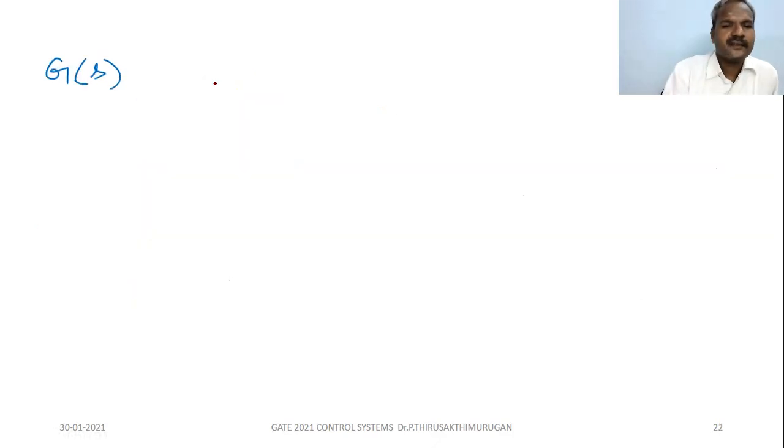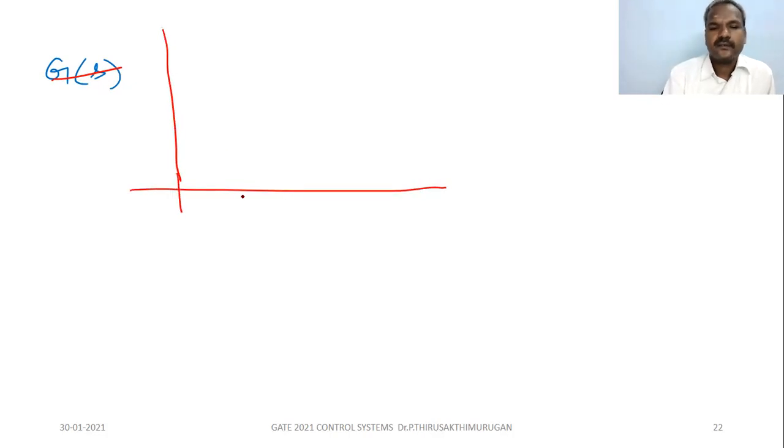You see the typical Bode plot for this: 1 by tau z, 1 by tau 1. Initially it starts with minus 40, and at this corner it becomes minus 20.